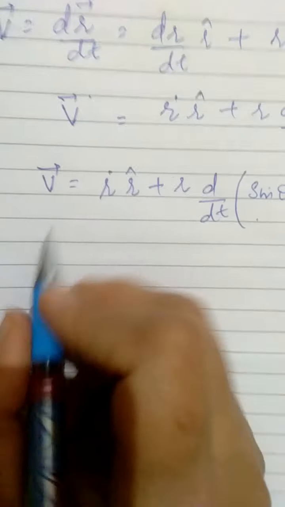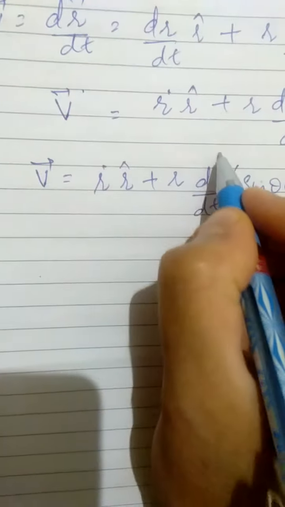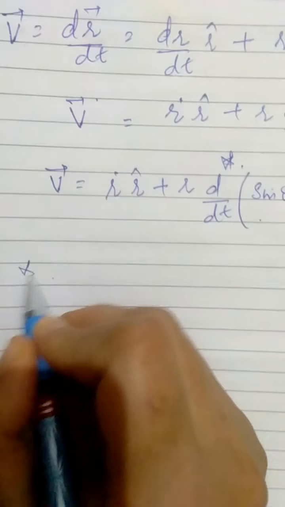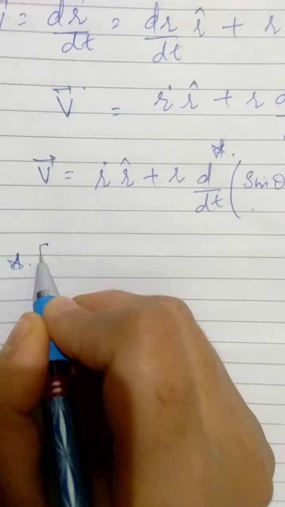So d by dt of this will be, let us do this portion singly first. So it will be how much?